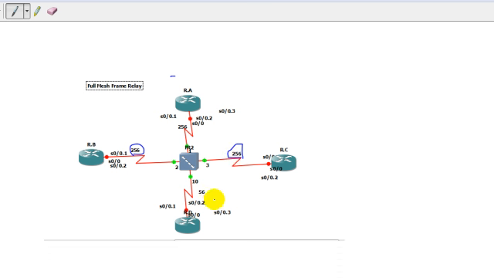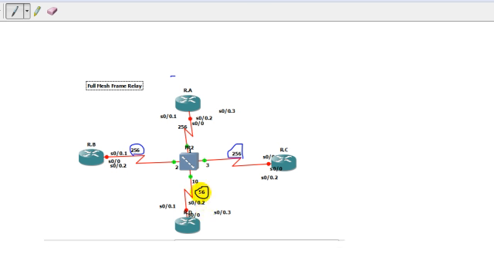This is the bandwidth. And also look at this, I have just 56 kilobit per second for this line for router D. So this means that A, B, and C have 256 kilobit per second, and just router D has 56 kilobit per second.